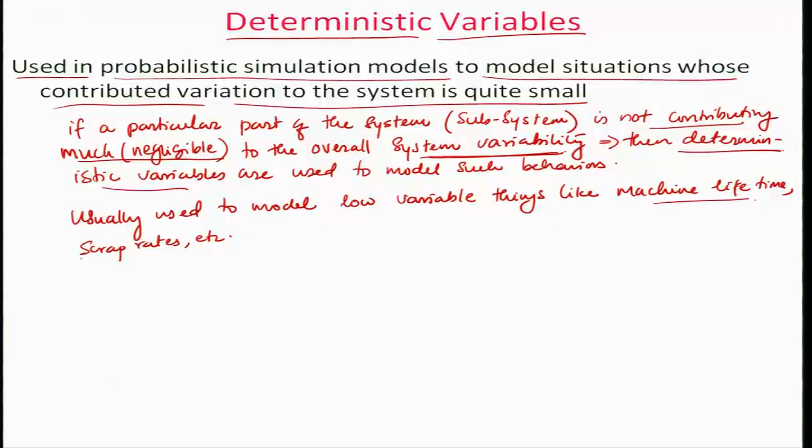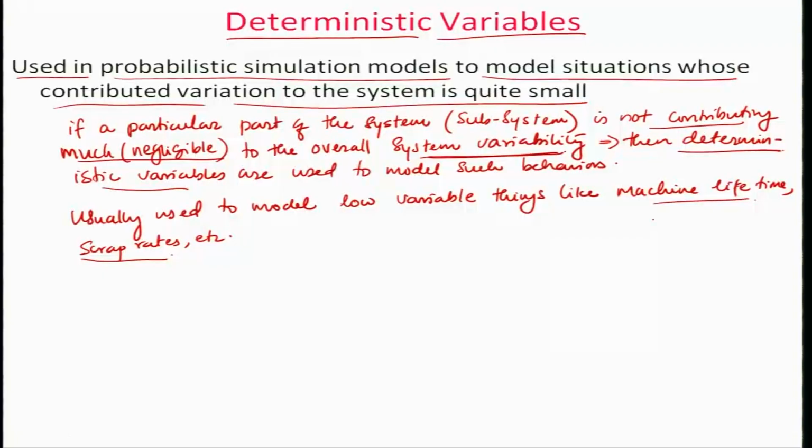Machine lifetime, scrap rates, all these kinds of things are much less variable in the case of a manufacturing system. So, hence you will use a deterministic value to model such behavior. Okay.